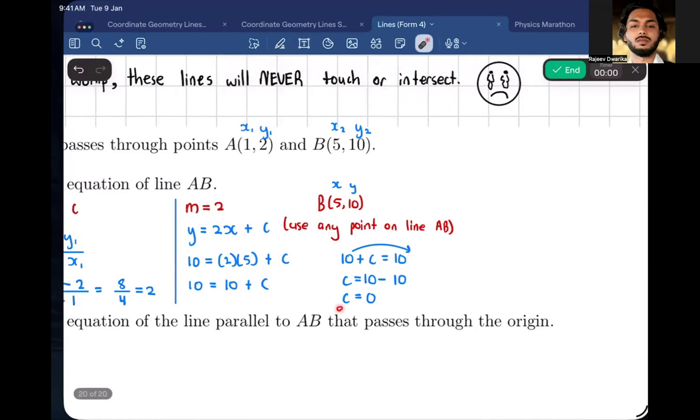This is the y-intercept. So the y-intercept is 0. The y-intercept tells you what value the line passes through on the y-axis. So if a line passes through 0 on the y-axis, it means that it is passing through the what?